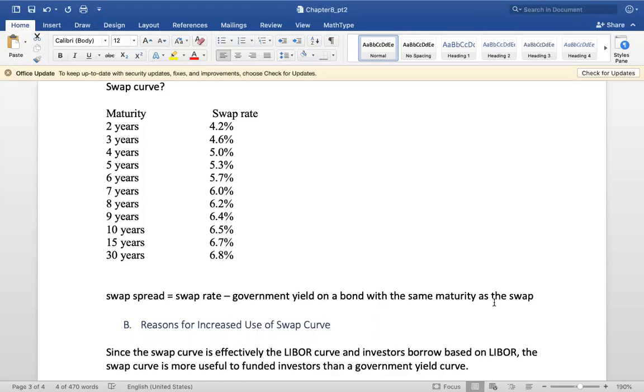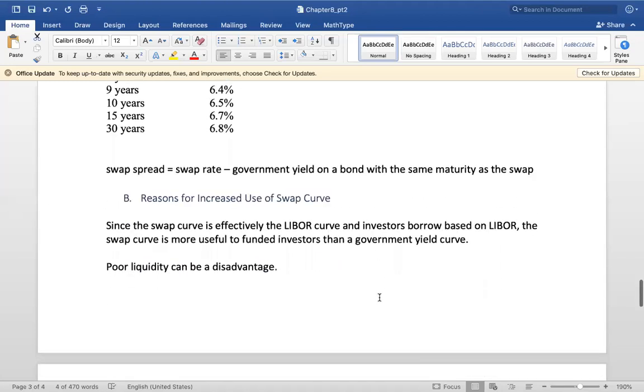For example, consider our hypothetical 7-year swap. Suppose that the currency of the swap payment is US dollar, and the estimated T-bill yield for the 7-year maturity is 5.4%.